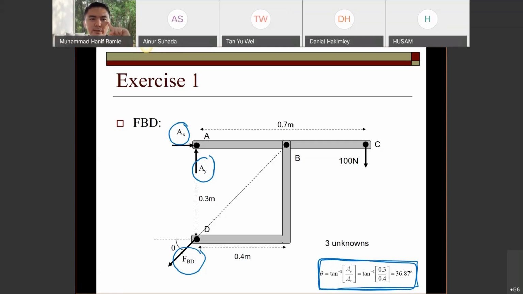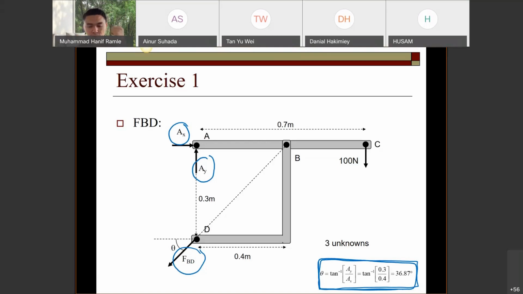In this case, point A has the largest number of unknowns, 2 unknowns. So you can take a moment about point A first. Then straightforwardly, you will get the value of FBD in your calculation. So you solve the moment first, moment about point A.